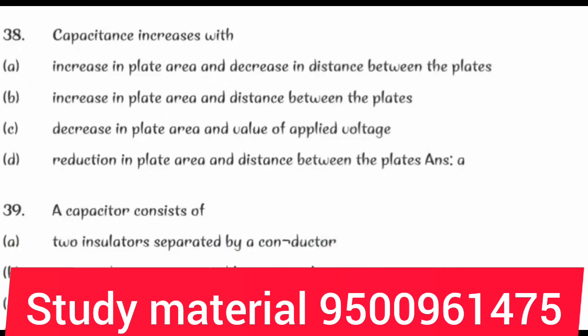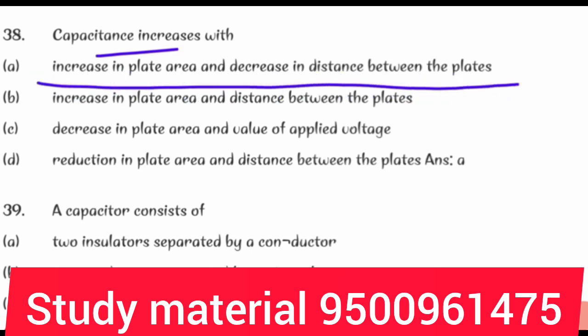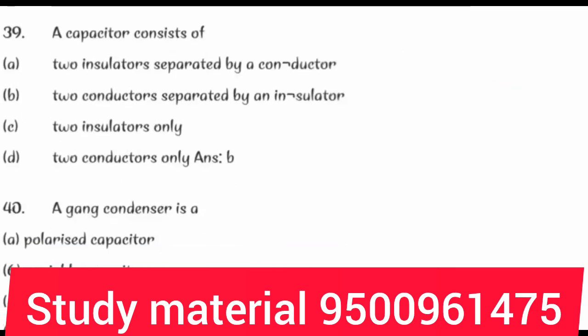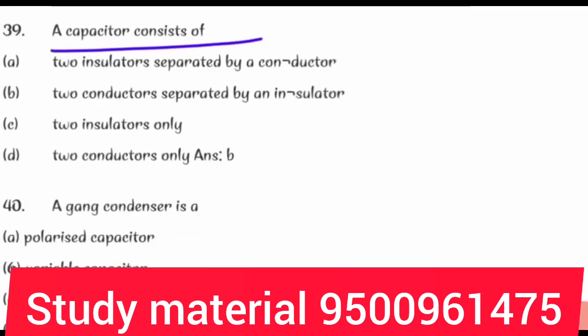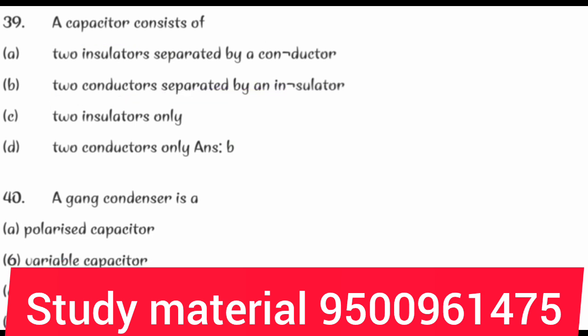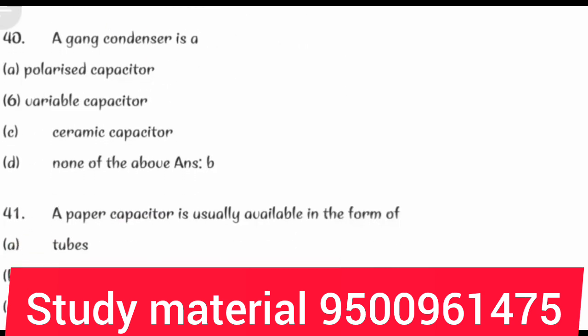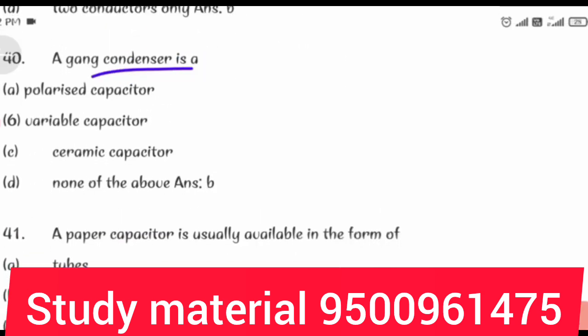Capacitance increases with an increase in plate area and a decrease in distance between the plates. A capacitor consists of two conductors separated by an insulator. A gang condenser is a variable capacitor.